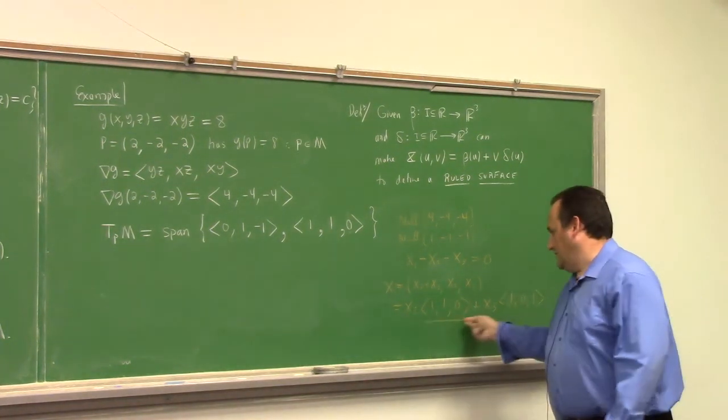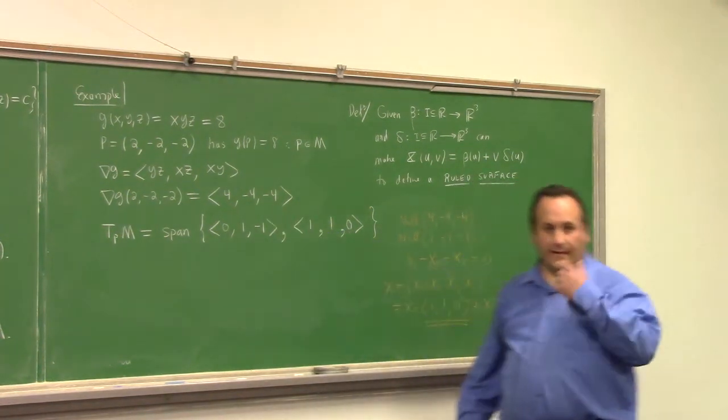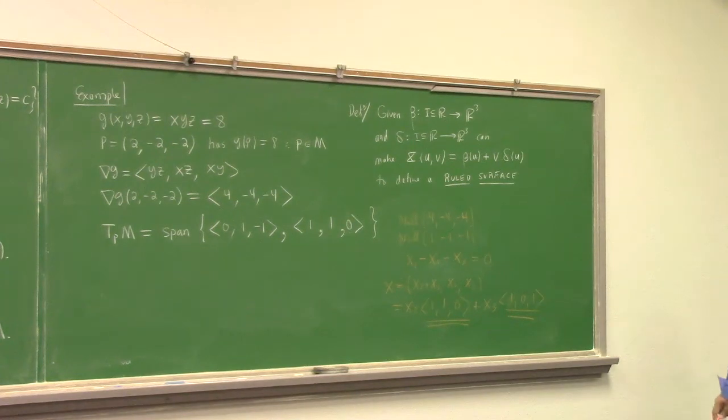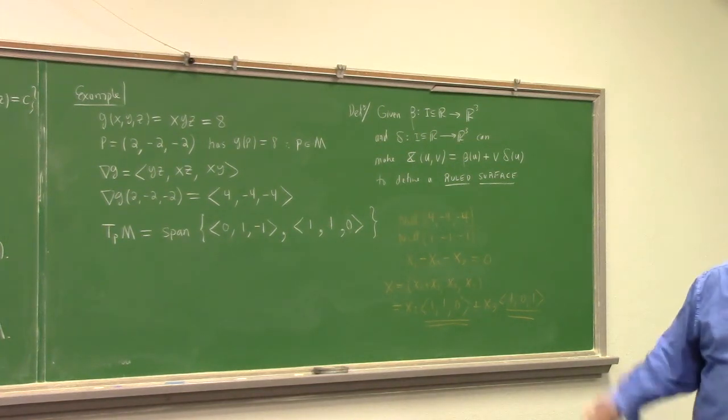And I think you can see that these two vectors are also perpendicular to that guy. Yep. So there's another way we could find the tangent space here after we understand it's normal to the normal space, right? Okay.